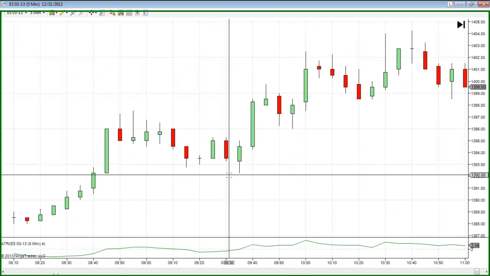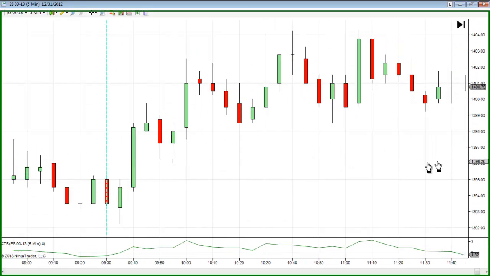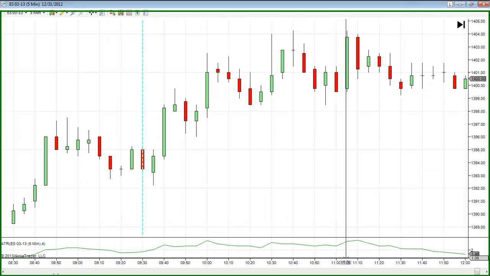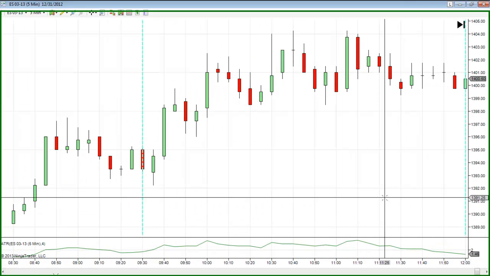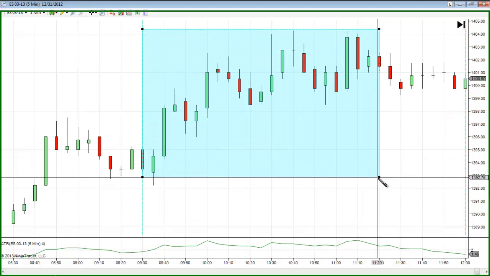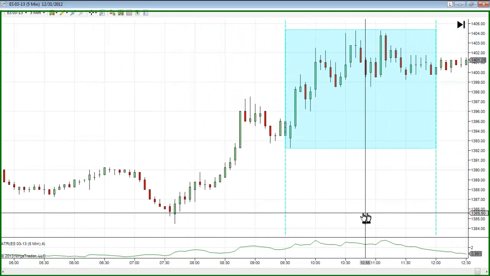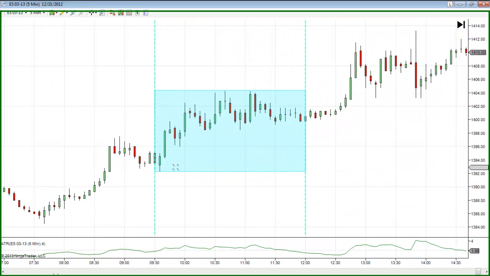So here is 9:30, 12 o'clock. And here is the A part of the day, from here to here: highest high and lowest low from the start of the US market to the first 2.5 hours.